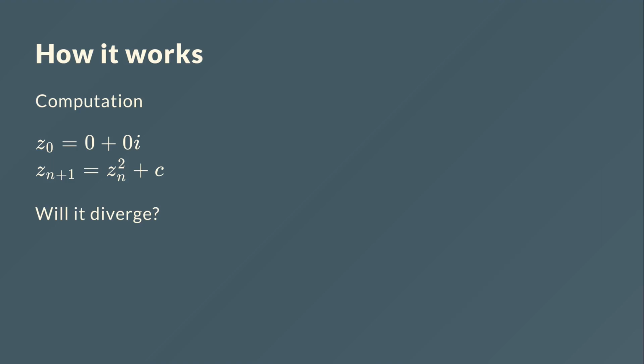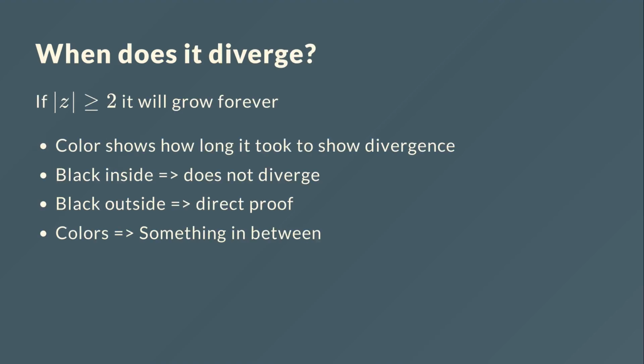So for each starting point on our plane, we use this series and check when it will diverge. It will diverge if the absolute value of Zn is bigger than or equal to 2, because then it will grow forever.